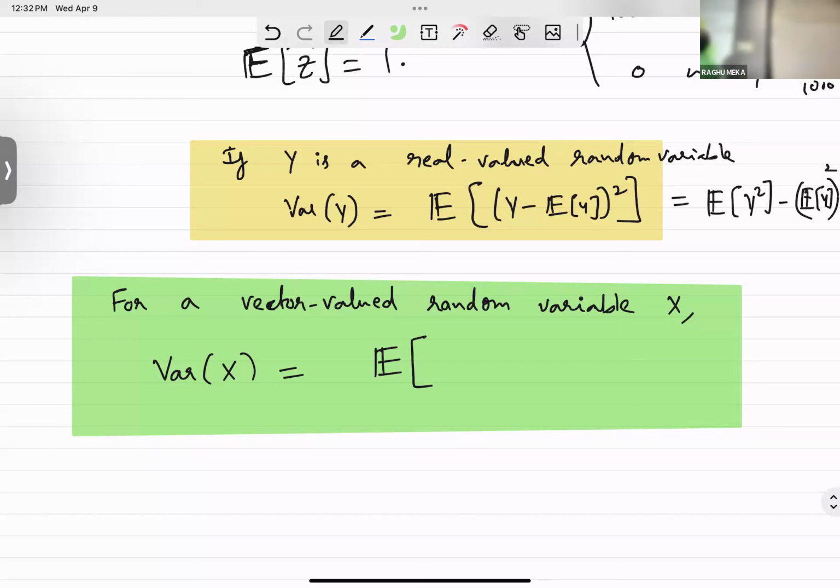So what should the definition for vector valued random variables be? What would be an analogous notion for variance? We want a single number to tell us how good an estimator it is. So how should I change this formula to get to the vector valued case? Any suggestions? Inner product.